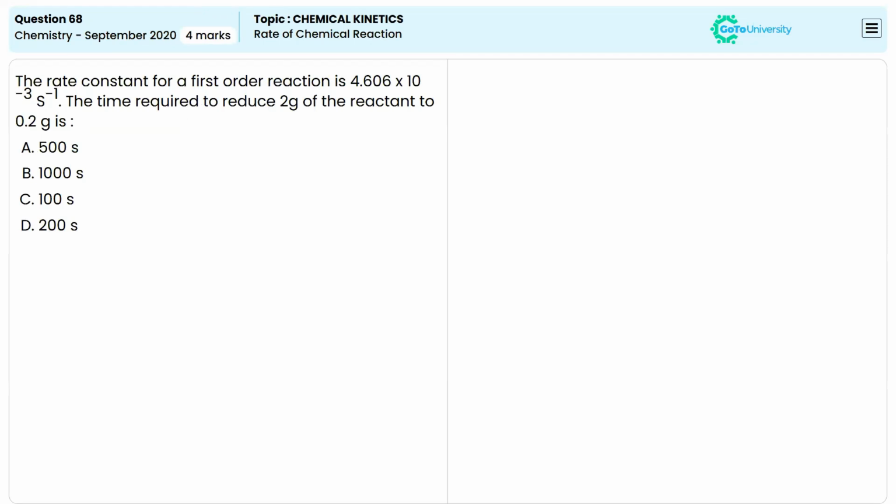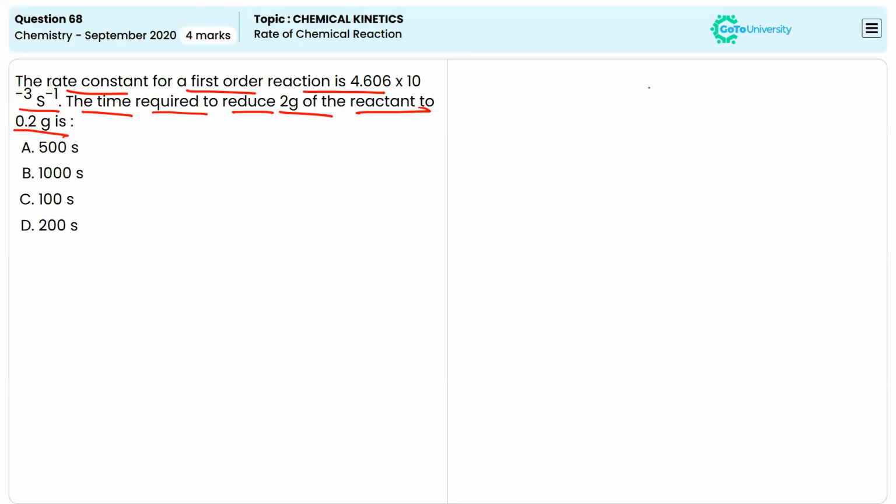So B is the correct answer. Next question. Here the rate constant for a first order reaction is given as 4.606 times 10 to the power negative 3 second inverse. We have to calculate the time required to reduce 2 grams of the reactant to 0.2 grams.